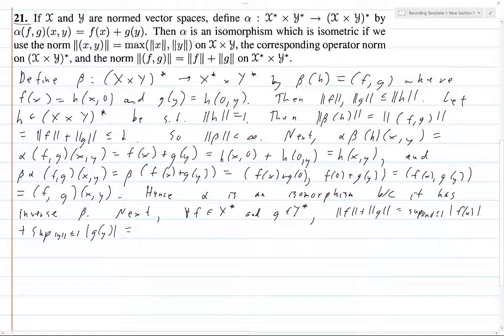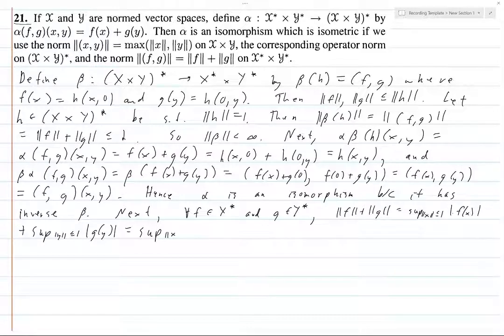But then, what is this? We can combine this into a supremum of the sum where we take all x and y with norm less than or equal to 1.